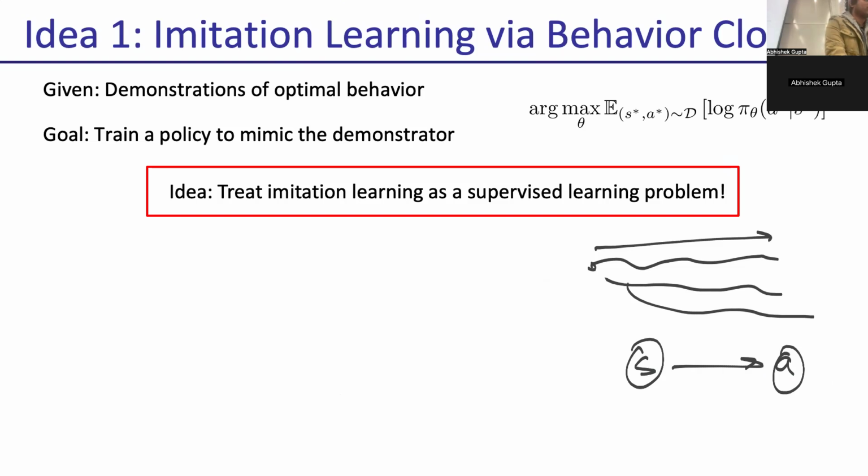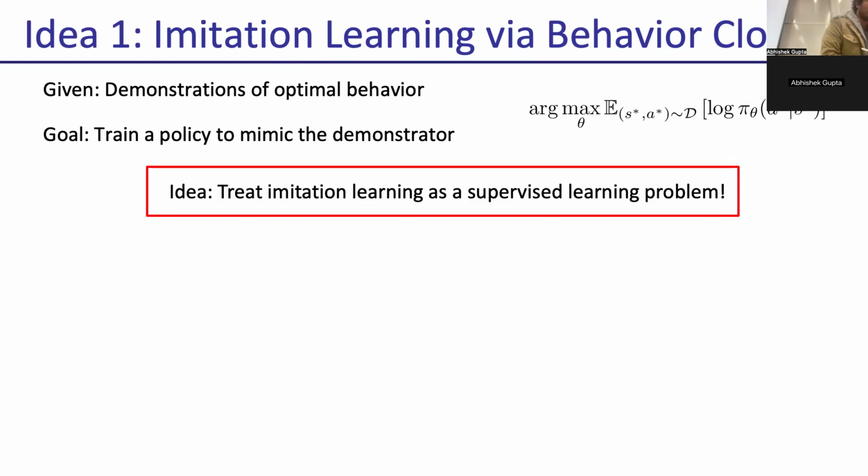So let's break them up into little chunks of state action pairs, jumble them all up, and treat it like a supervised learning problem. Supervised learning works great for language and for vision. All your LLMs and all your VLMs and all your vision models use supervised learning to some extent. More recently RL, but generally supervised learning. So why don't we just do the same thing?